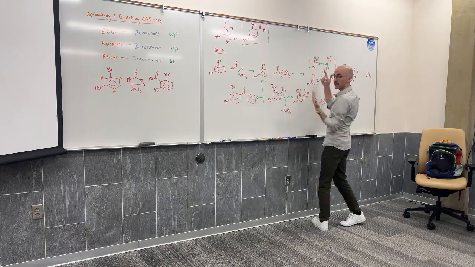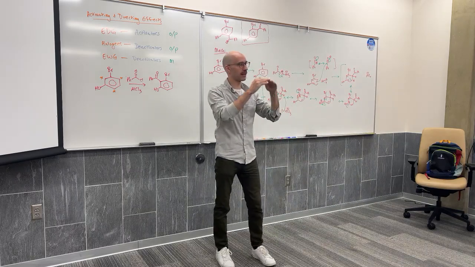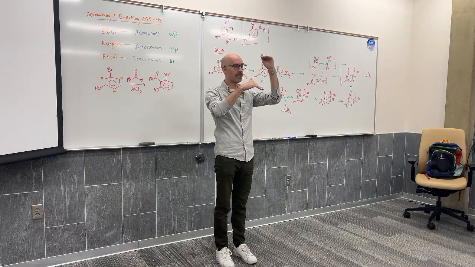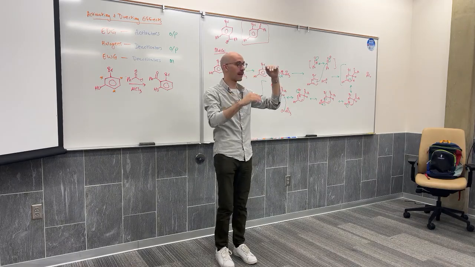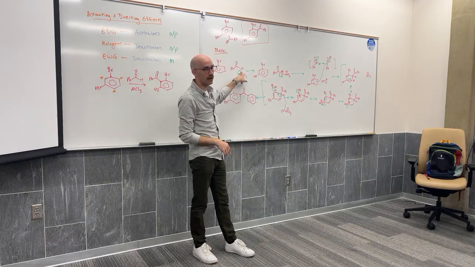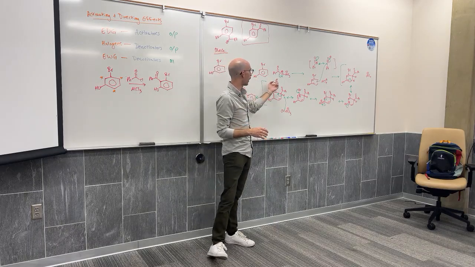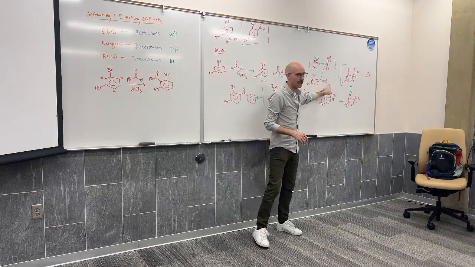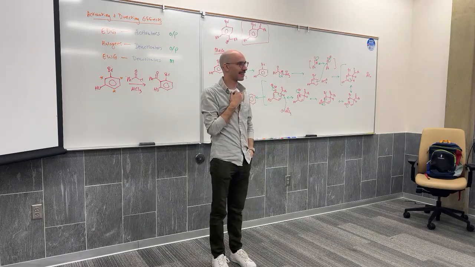So there's a lot of different ways to do it. What I try to give you guys is a checklist. Make sure that you show me all resonance forms, show me all relevant lone pairs, show me all charges, and all byproducts at each step. I try to give you that checklist so that you don't have to guess.